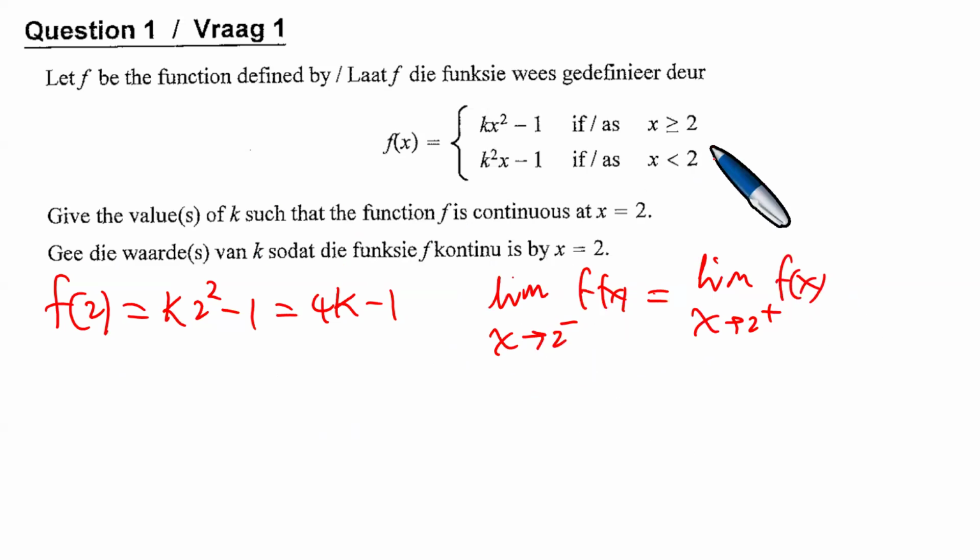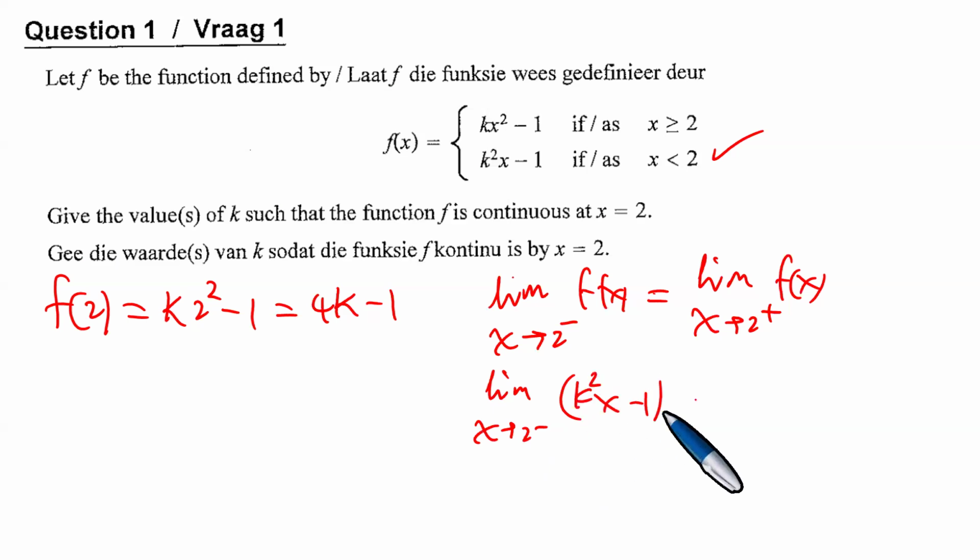From the left is when x is less than 2, so we have the limit as x tends to 2 from the left of k squared x minus 1. And we have the limit as x tends to 2 from the right, bigger than 2, which is k x. That's very interesting, they're playing a little trick here, so you need to look at the powers very carefully.